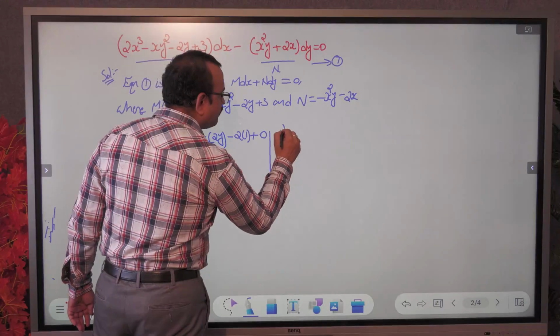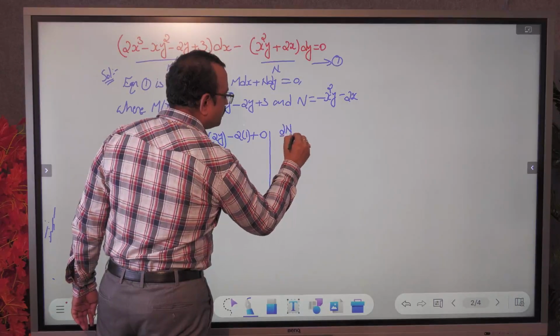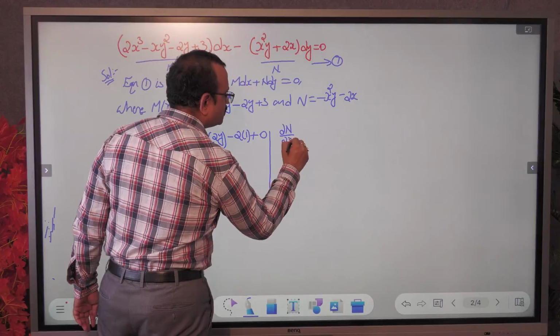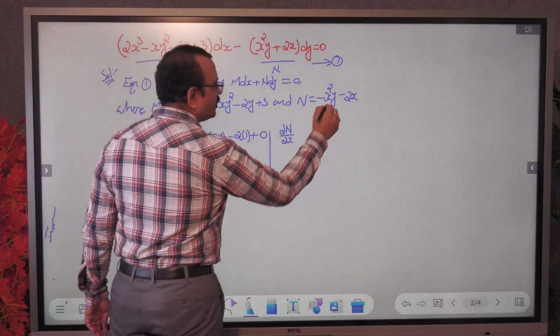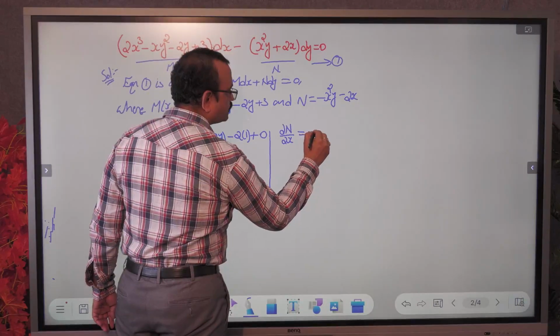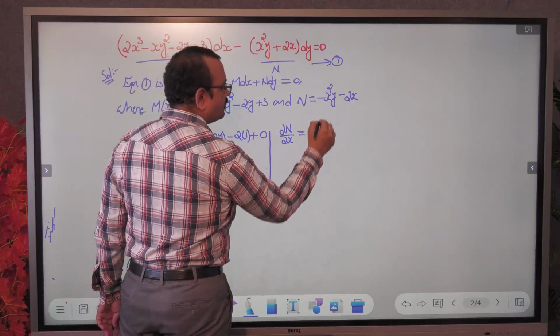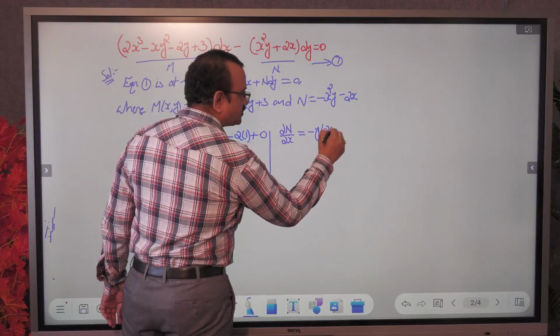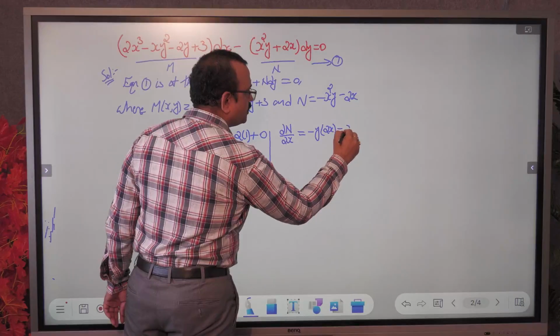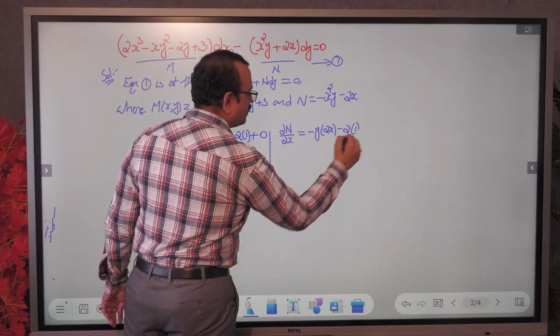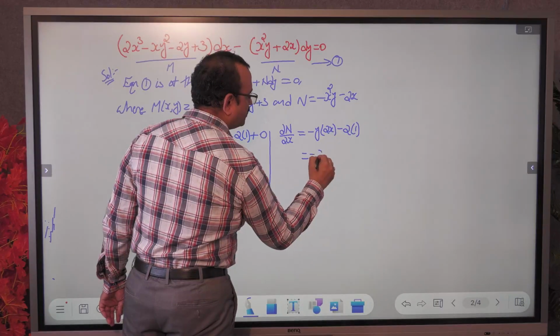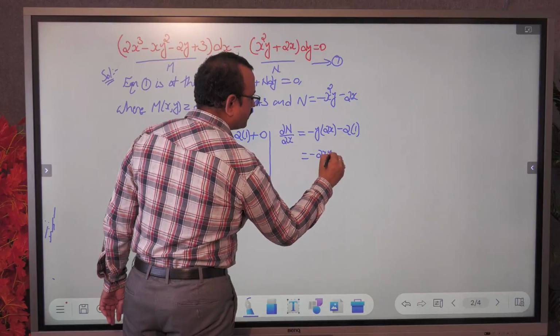Similarly we will calculate dou N by dou x. The partial derivative of N with respect to x, here we treat y as a constant. The derivative of x square is 2x, minus 2 into the derivative of x, which is 1, so it equals minus 2xy minus 2.